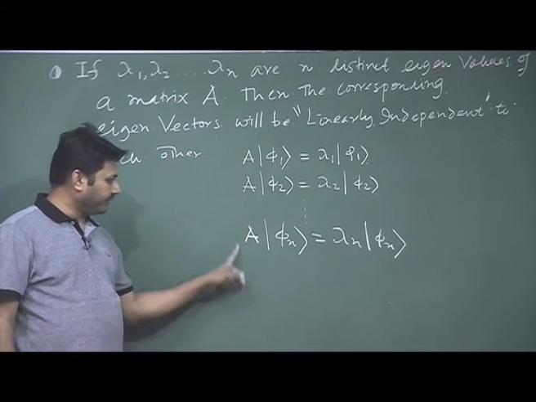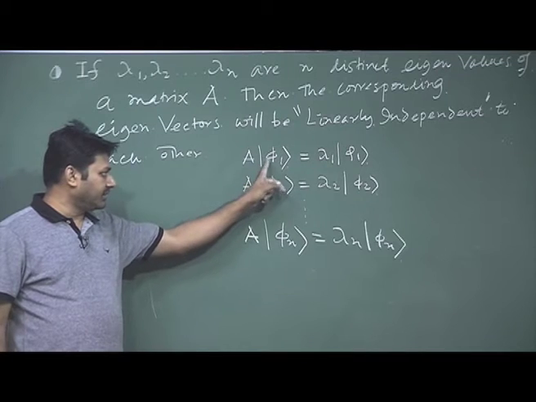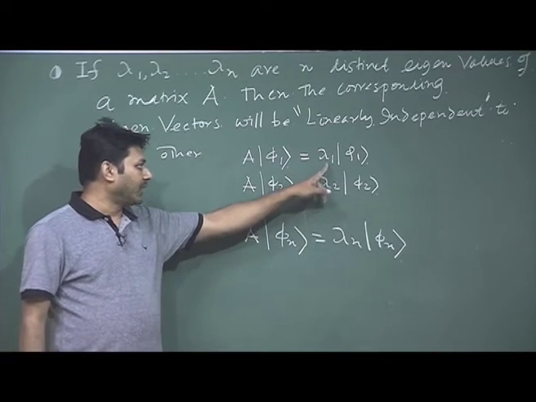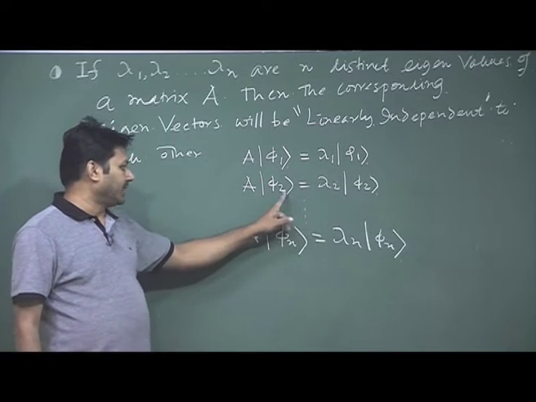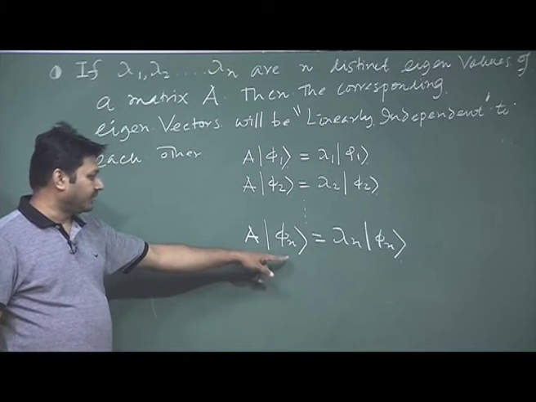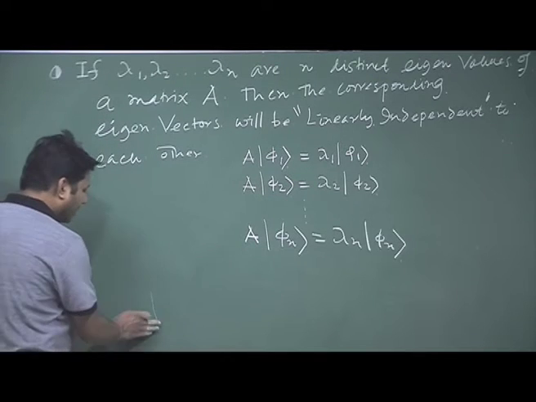So I have this set of equations. In every case I use the eigenvalue equation with different eigenvalues. For lambda 1 I have an eigenvector phi 1, for lambda 2 I have an eigenvector phi 2, and so on. For lambda n I have an eigenvector phi n.